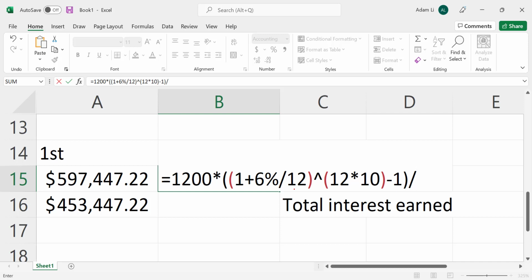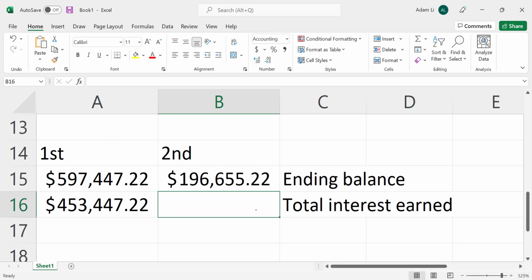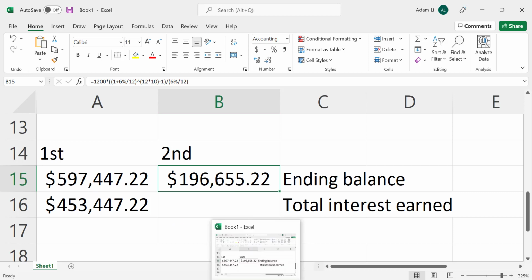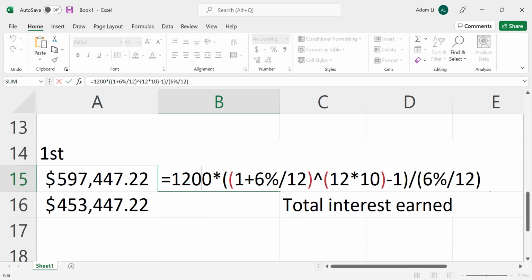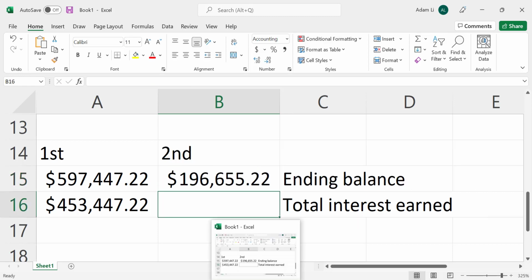That's the numerator, divided by the denominator, which is 6% over 12. And once you hit enter, you get a result. As you can see, it's a lot less, right? Compared to this, it's one third as much. $196,655.22. That's the ending balance.